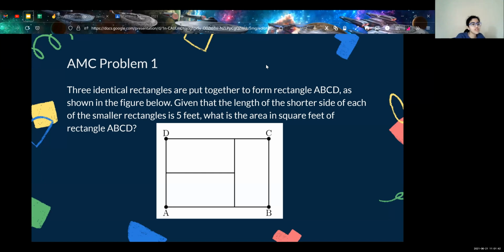I got 150 square feet from 2 people. Make sure you're actually doing the math. We shall wait till 11:03. Make sure you type your answer in the chat.